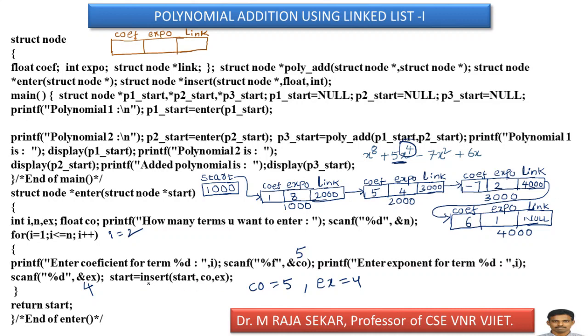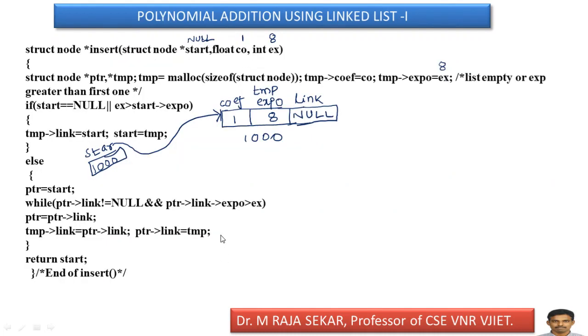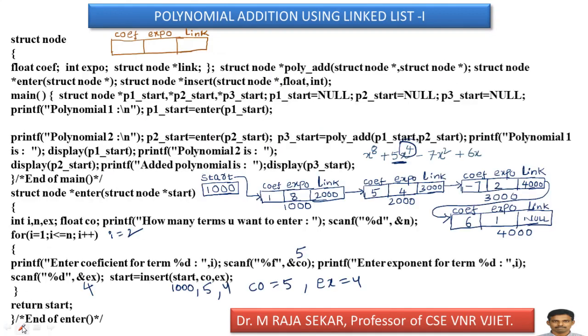This insert is a function. Through this function, what are we passing? What is start value now? Already previously start is written, that is 1000. COE is 5. EX is 4. Let me go to the next slide. Let me choose pen.